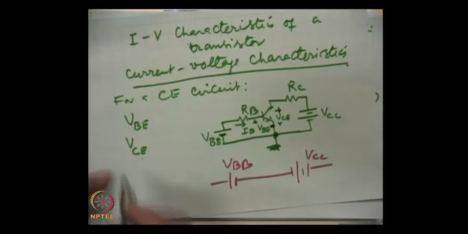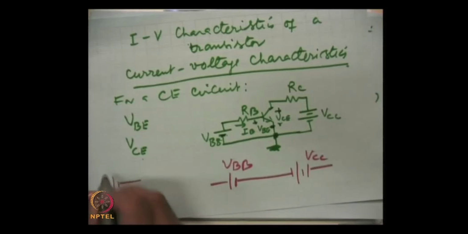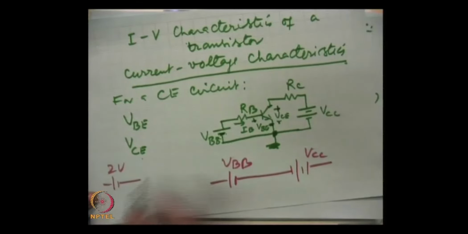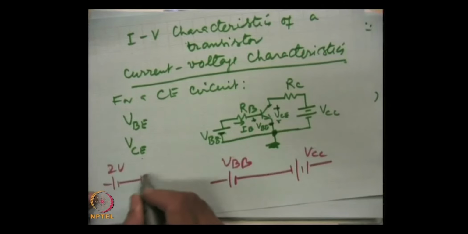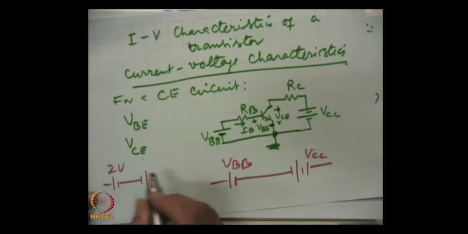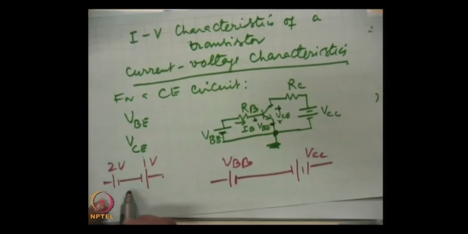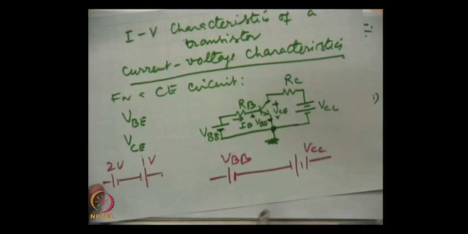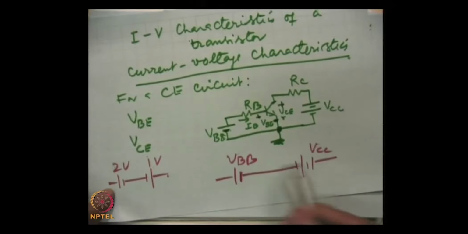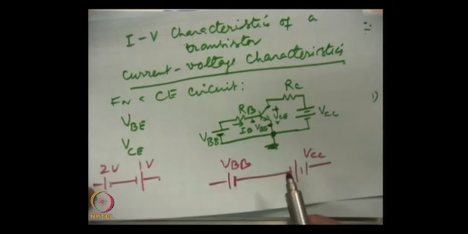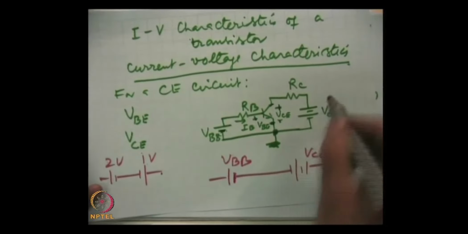If you take for example a 2 volt battery with this polarity, and you connect here a 1 volt battery with this polarity, then what will be the effective potential? The difference of the 2, and this polarity will be dominating. So, this will be like this.